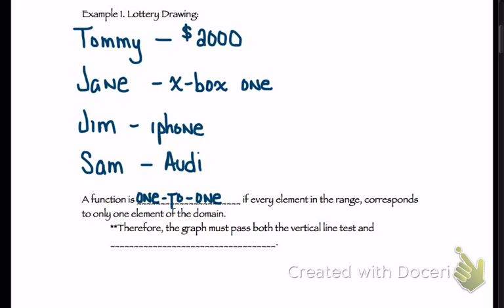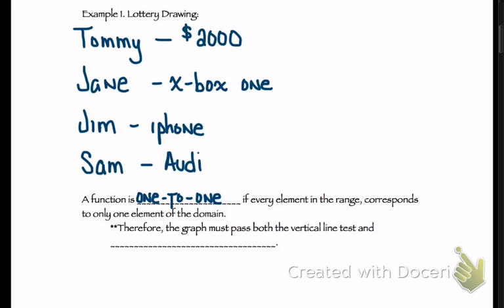Tommy belongs to the $2,000, and therefore the $2,000 belongs to Tommy. Jane has the Xbox One, and therefore the Xbox One belongs to Jane. So do you see what one-to-one means? One person can only have one prize. That one prize can only go to that one person.